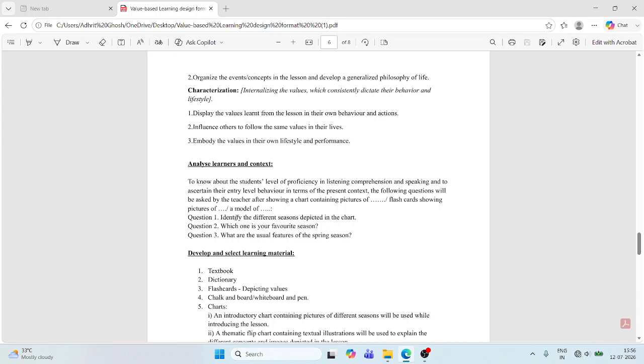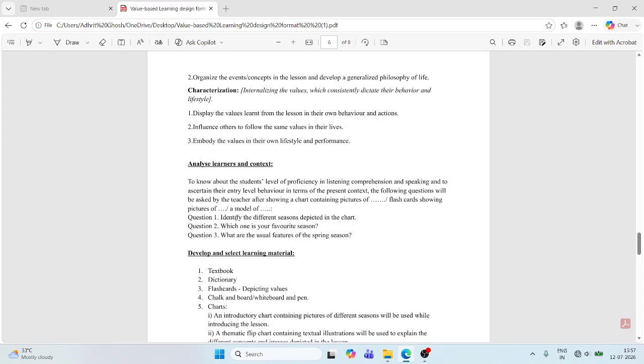For example, if you're teaching a lesson on sustainability, the value developed through that lesson is using eco-friendly products, or avoiding certain actions which might cause pollution or degeneration of the ecosystem, or disbalancing the ecosystem, or certain human actions, or tampering with nature that might lead to certain devastations or certain natural calamities.